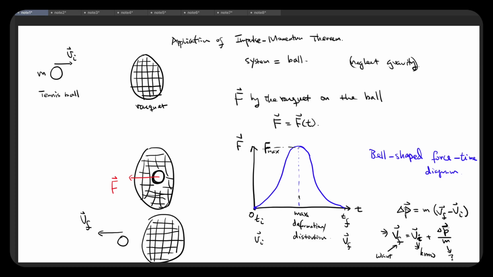So the answer is from the momentum impulse theorem, because it says that delta p equals J. And J is defined as the string's force integral from initial to final time. So if we know that, then we should be able to calculate v final, and that integral is the area under the curve. Let me draw this area, and that's this shaded area.